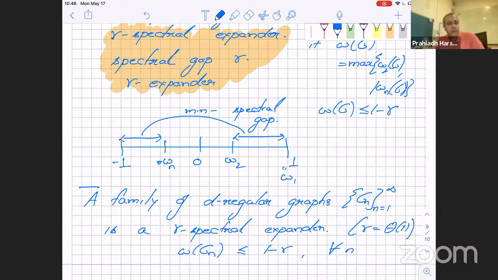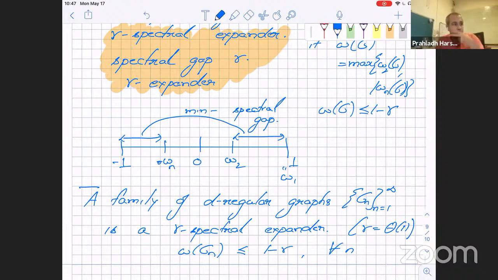Varun, yeah. So what does this definition say about the conductance of such graphs? It says there cannot be a cut with conductance too small, because the conductance of a graph is between lambda 2 and square root of 2 lambda 2, and both of these are constant.